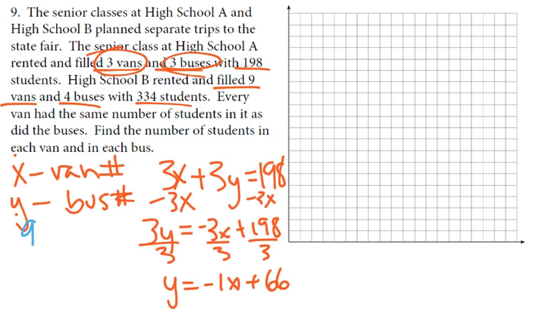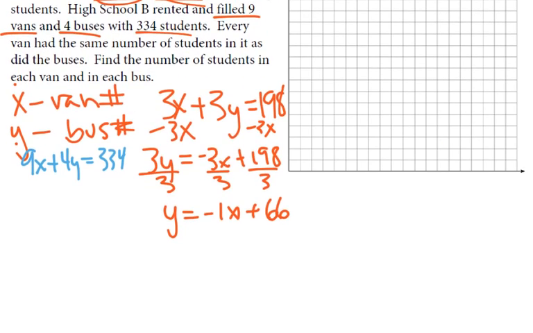So 9 vans and 4 buses equal 334. Okay, so subtract 9x from both sides. We get 4y equals negative 9x plus 334. Divide by 4.